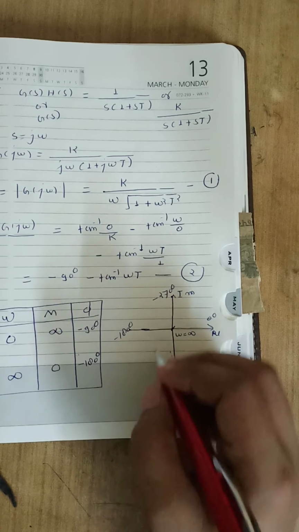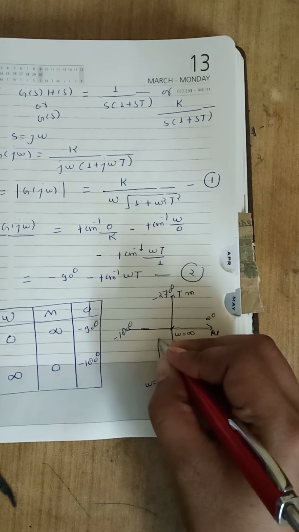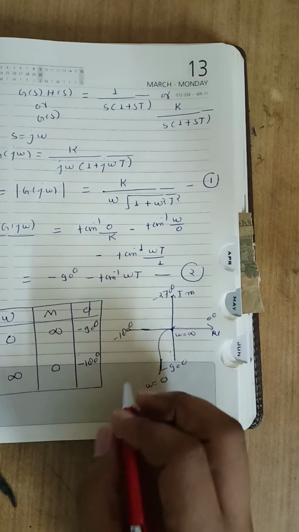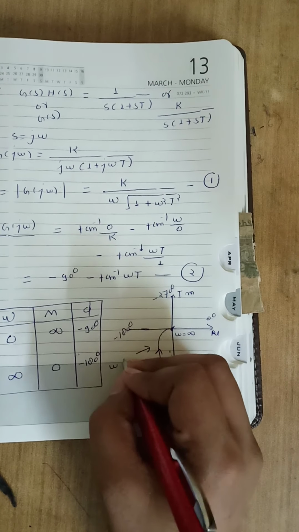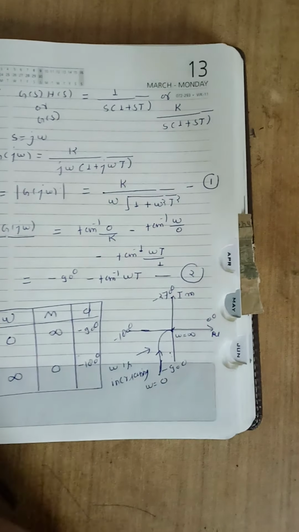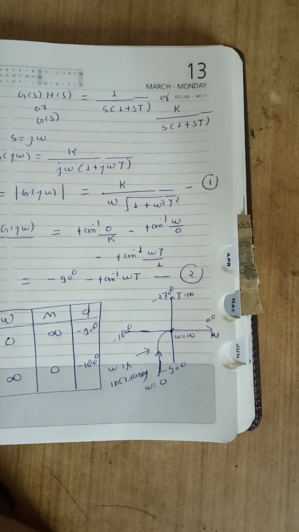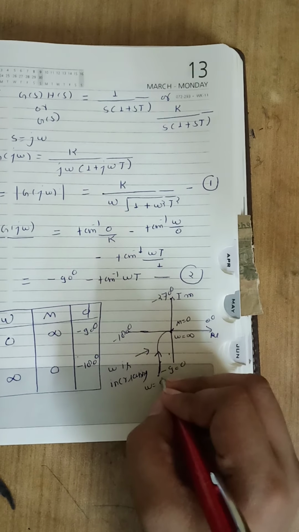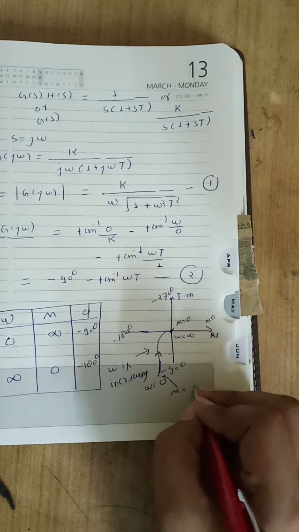So let us join these points. You can say omega is continuously increasing. Here the magnitude is 0, and here the magnitude is infinity.